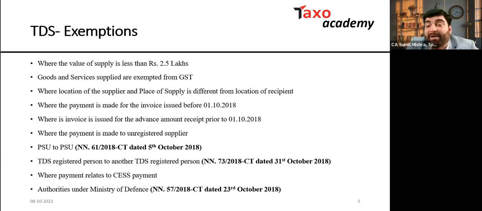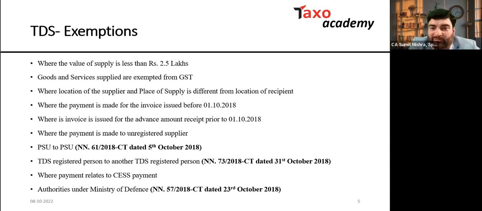Where the payment is made to an unregistered supplier, this is again a point of understanding. Section 51 says taxable supplies of value 2,50,000 under a contract. It doesn't say whether the supplier is registered or unregistered.